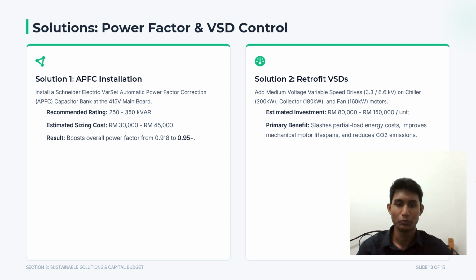Based on the issues identified, we propose 2 main solutions. The first solution is the installation of an automatic power factor correction capacitor bank at the 415 volt main distribution board. We recommend a Schneider Electric VARSET APFC system with a rating between 250 and 350 kVAR.